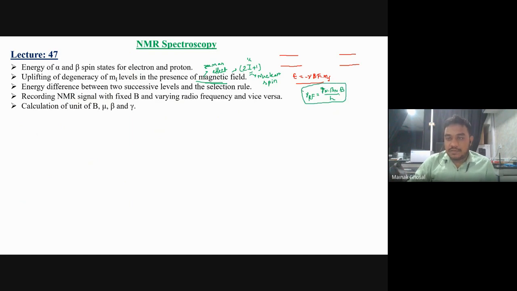Whenever you are going to measure an NMR spectrum, you can either vary B or vary this radio frequency. Mainly the initial discussions will be based on the variation of B, considering the radio frequency is fixed.